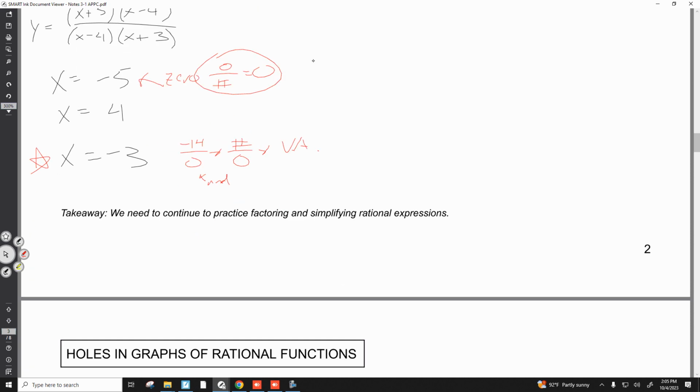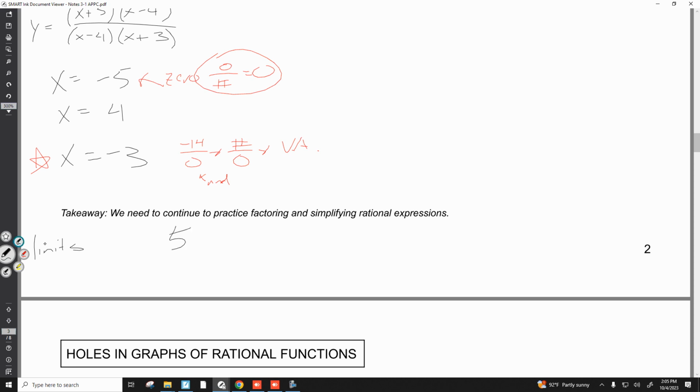Guys, the key to why one is a vertical asymptote and why one is a hole is limits. Okay? Limits. Limits are going to be used often. Now, here's what I'm going to do. I'm going to take this number, -14, and switch it to a number like 5.